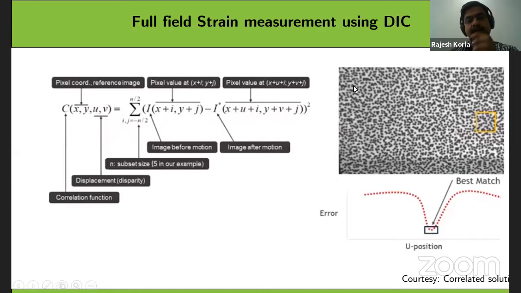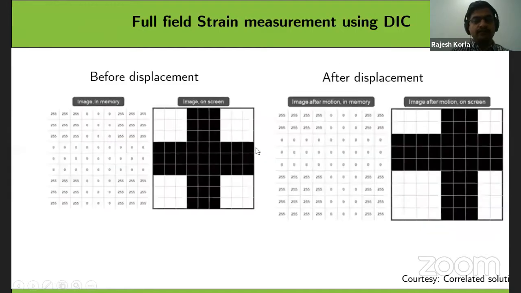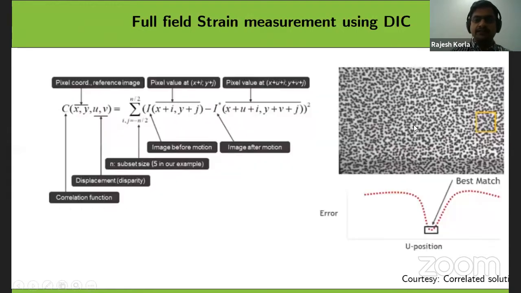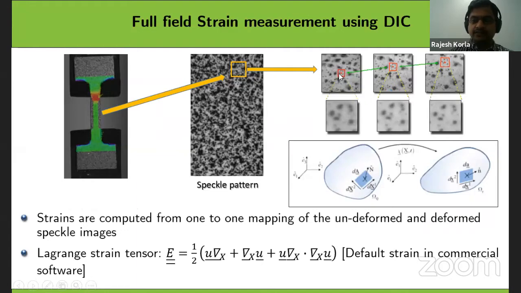In each step, it compares the intensity of that subset. This is the intensity of the initial subset and this is the intensity of the final subset. If these two subsets are the same, the correlation function gives a 0 value. That means it's a perfect match, and the subset has moved from this place to that place.